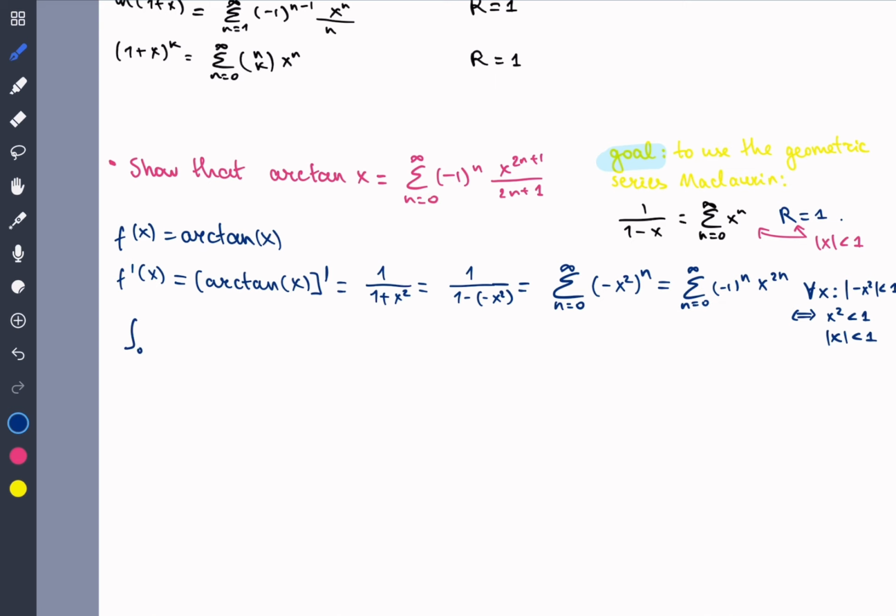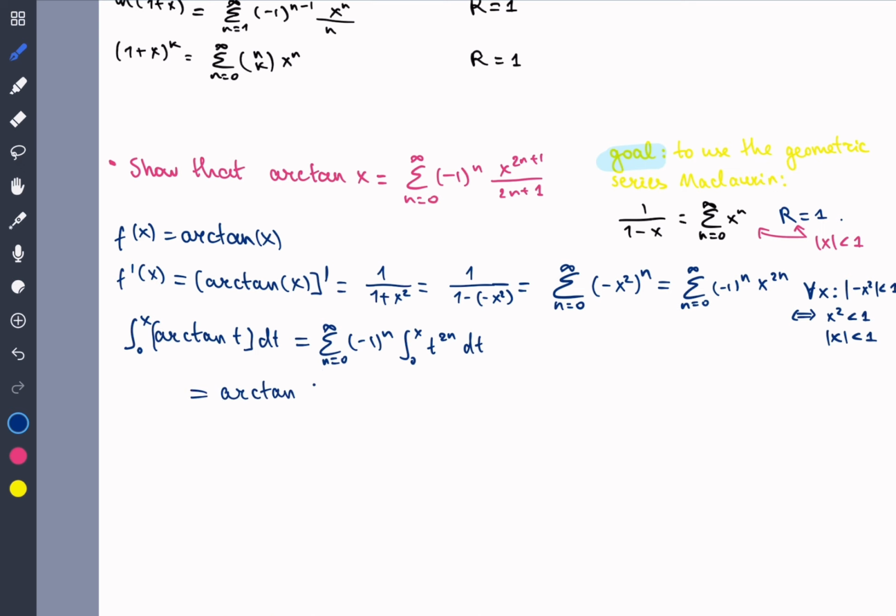To do that, we take the integral from 0 to x of the derivative of arctangent t, it could be any variable, which is equal to the sum from 0 to infinity of minus 1 to the power of n times the integral from 0 to x of t to the power of 2n dt, and we just compute it.